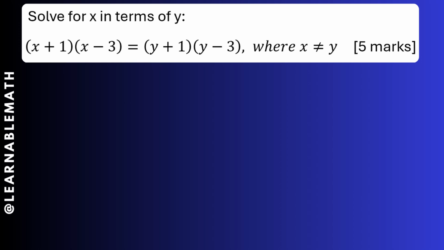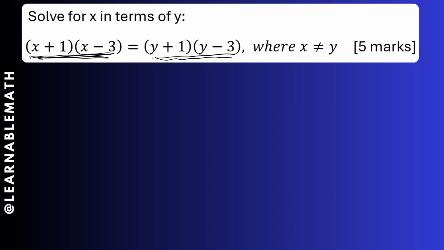Looking at this question, to solve for x in terms of y, we can perhaps start by simplifying these factors, because when you simplify this you are going to get a quadratic expression, where everything that is y can be treated as a constant, and you use your quadratic formula to solve for x in terms of y.